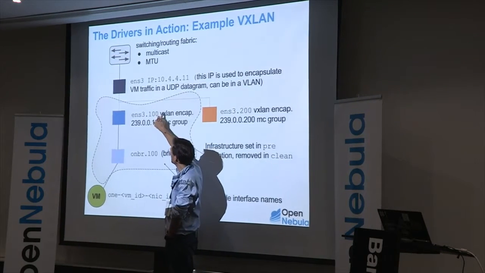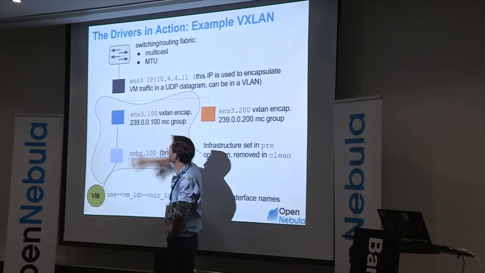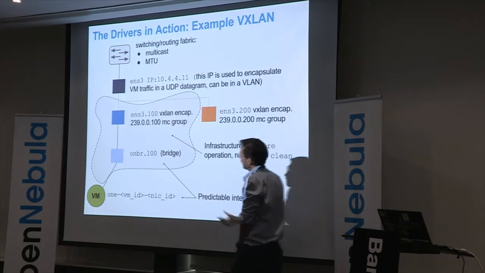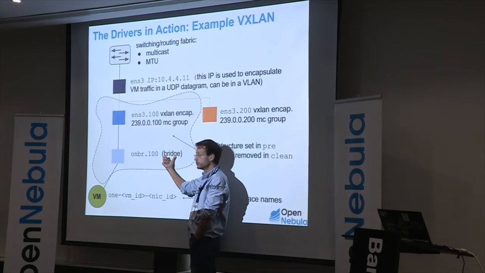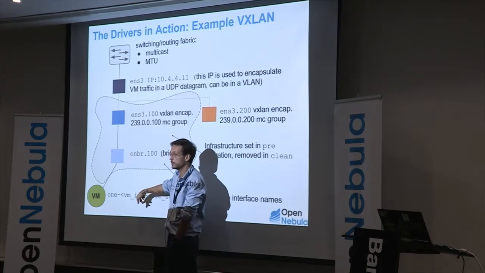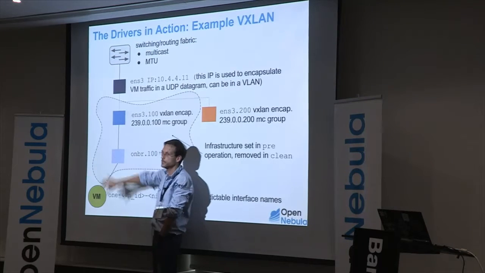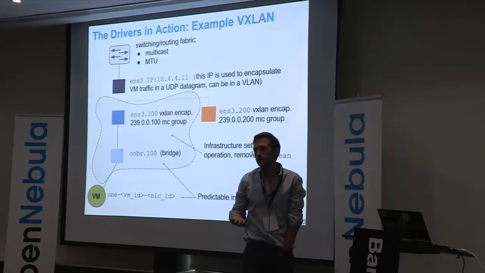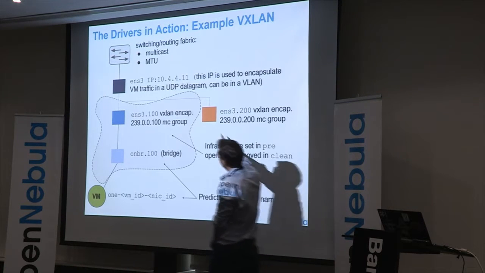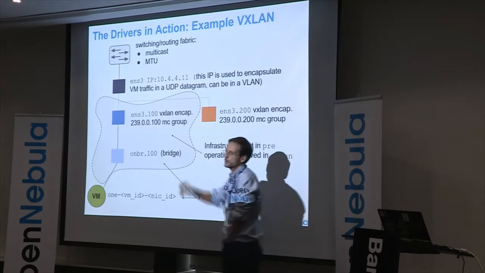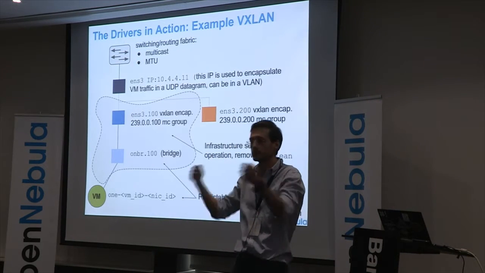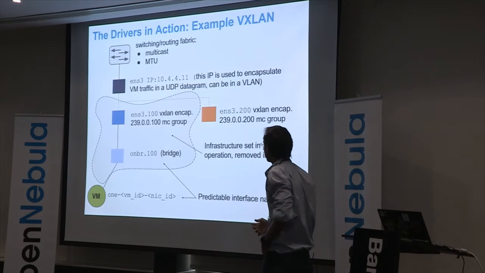So the VXLAN with VLAN ID 100 is going to have the 239.0.0.100 multicast group. We have a bridge associated to this VLAN, and all the VMs in that VLAN, in that hypervisor, are going to be attached to this bridge. It's important, if you have different VLANs, not to somehow link the bridges. We've seen that a couple of times, because the VXLAN traffic is going to mix, right?